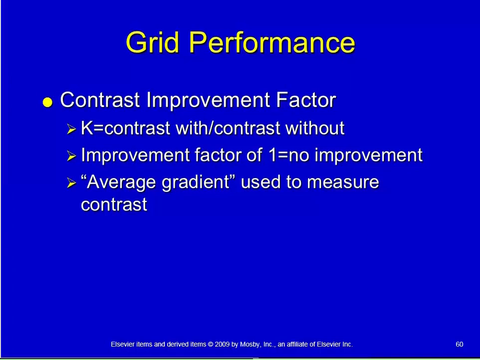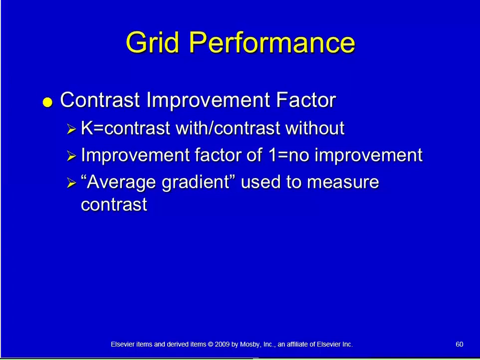And how you would get to the numbers for contrast with and contrast without would be off of your H&D curve. So you've got average gradient. Average gradient is the straight line portion of your H&D curve, and it is that rise over run that we talked about in a previous recording.